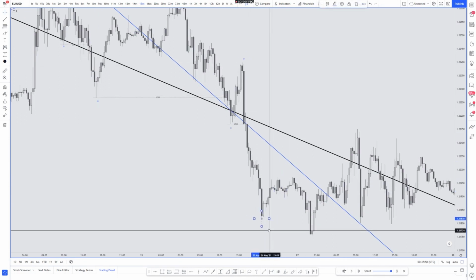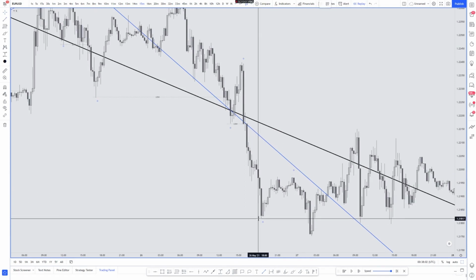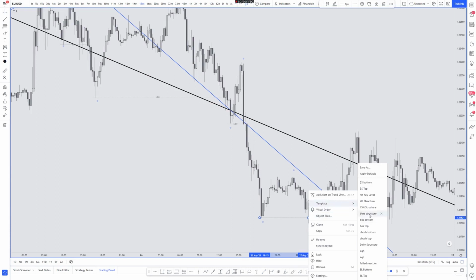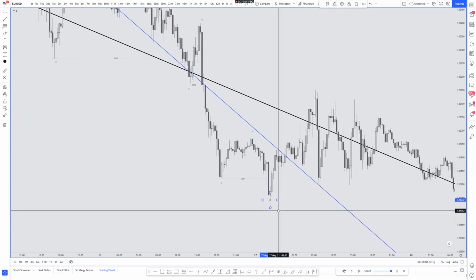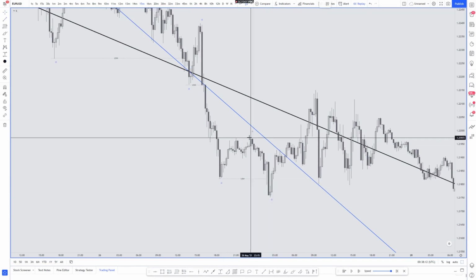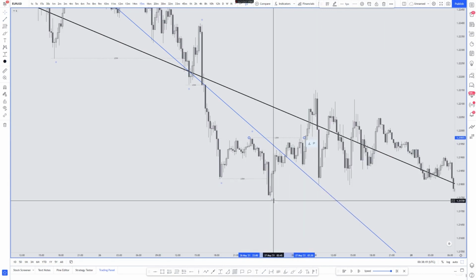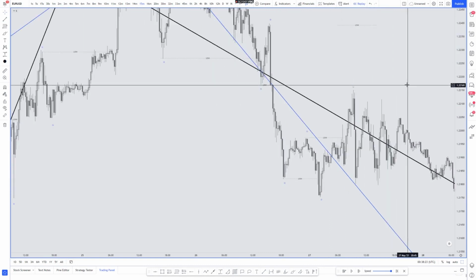Here the impulse really doesn't have any pullback till here. Once again, we make a new low, and here we turn bullish. And once you grasp this concept, the rest of it will come together quite a bit easier.